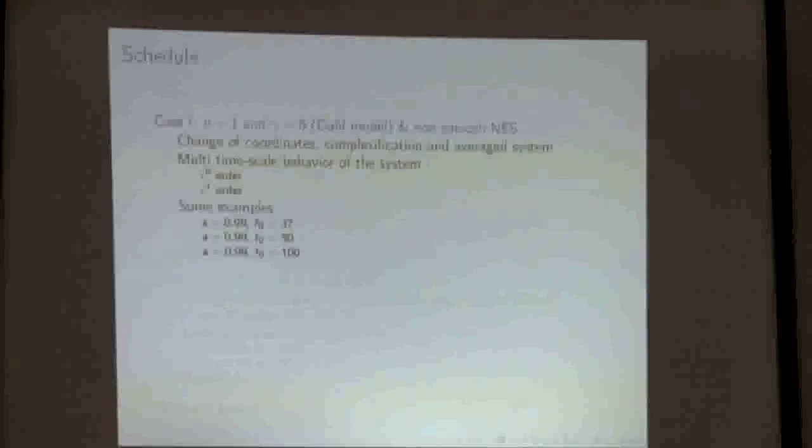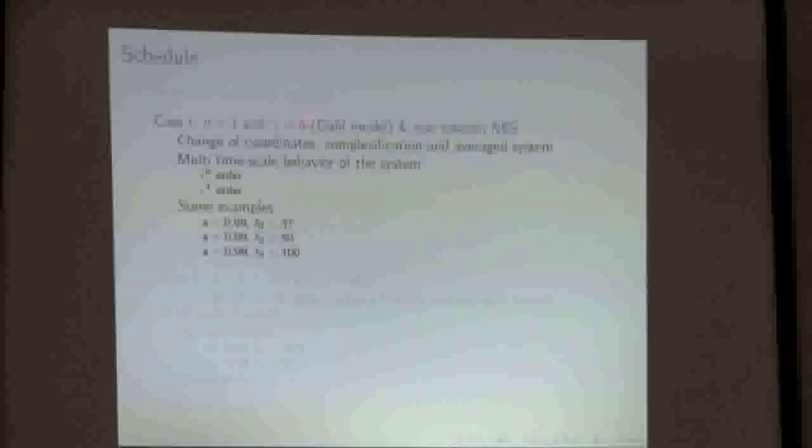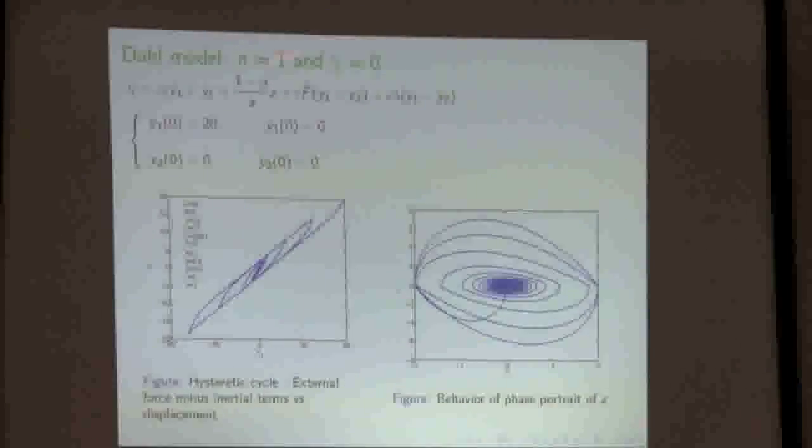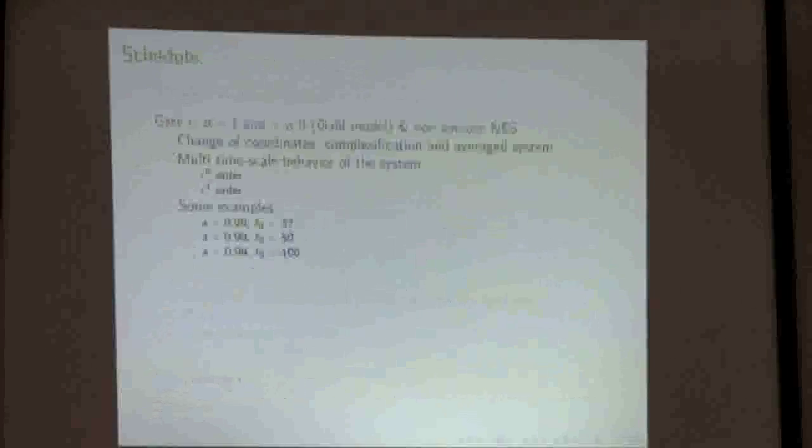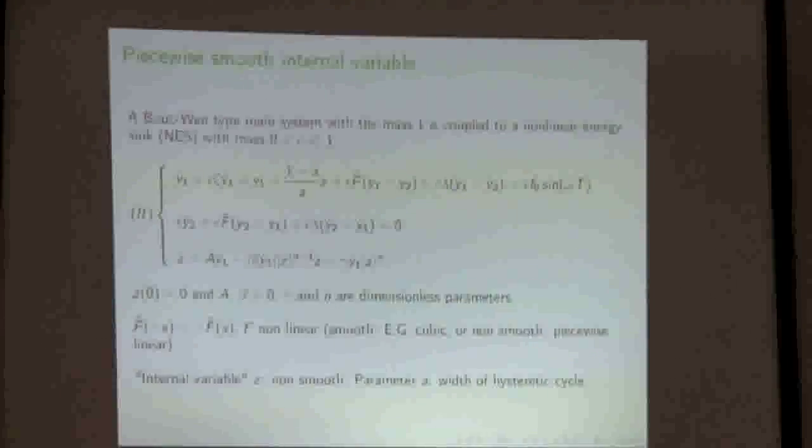So I come back to what I said before. Now I will look at the Bouc-Wen model for n equal 1, gamma equals 0. Let us start. By the way, in the Bouc-Wen model, what happens? If I plot eta versus y1, if you remember what I have plotted, it is that case.